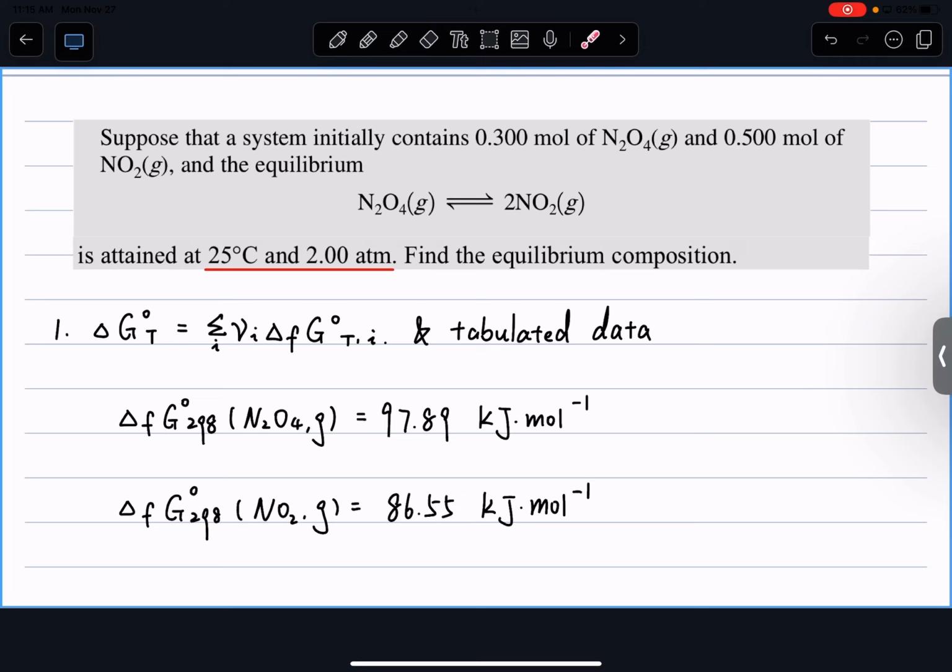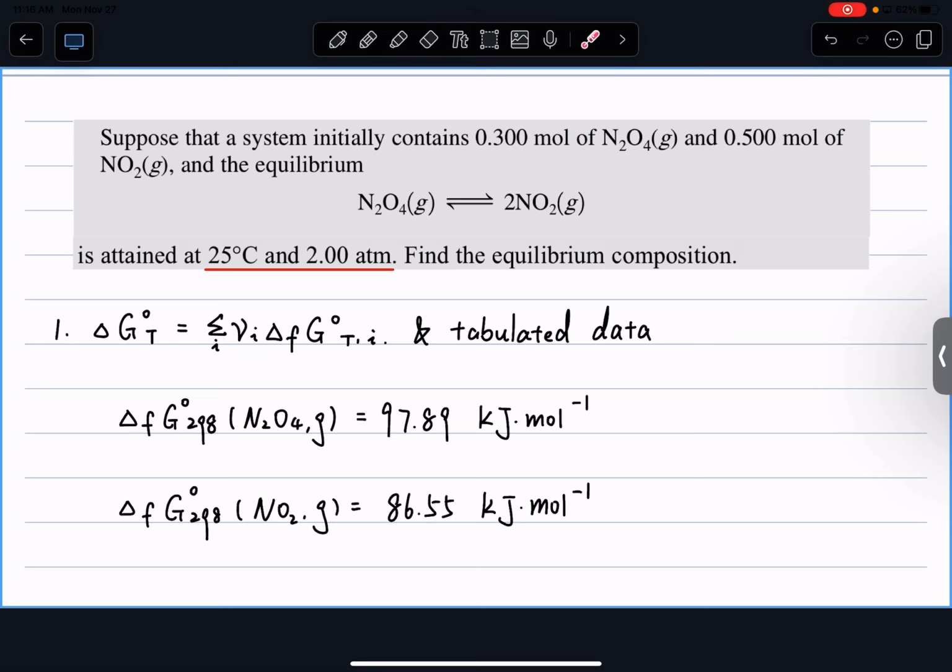Remember, the first thing we do is use the tabulated data to find the delta G of the reaction. That's our step one. Delta G of the reaction at 298 Kelvin is the summation of the stoichiometric coefficient times the standard Gibbs free energy of formation.